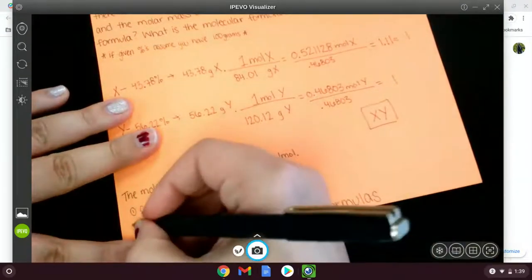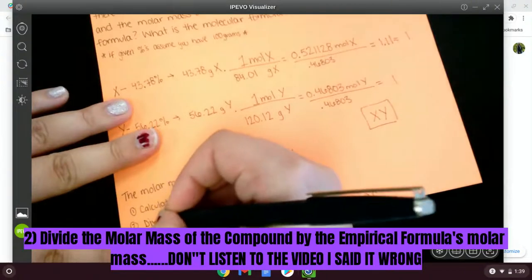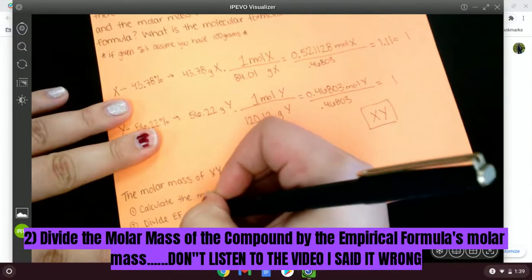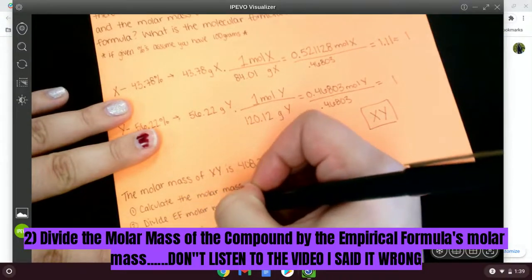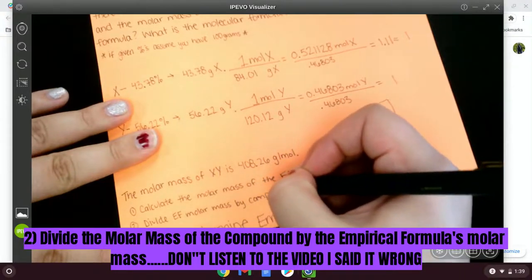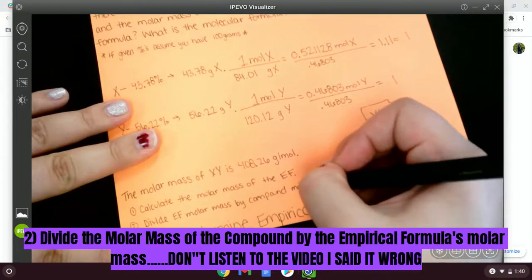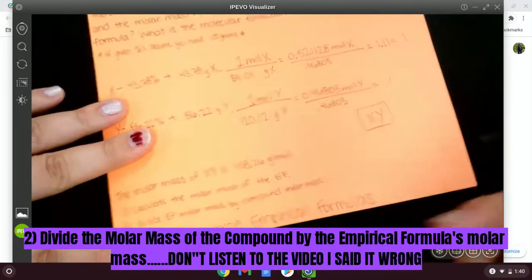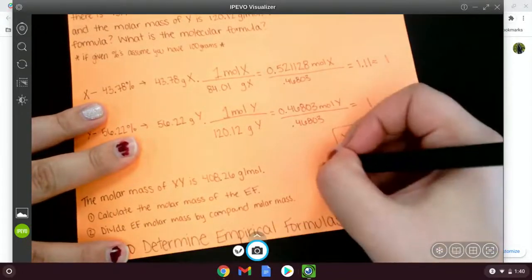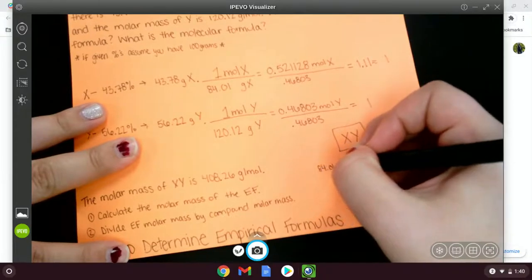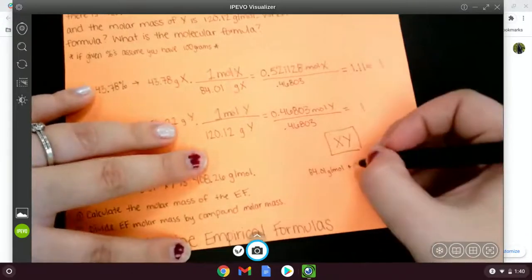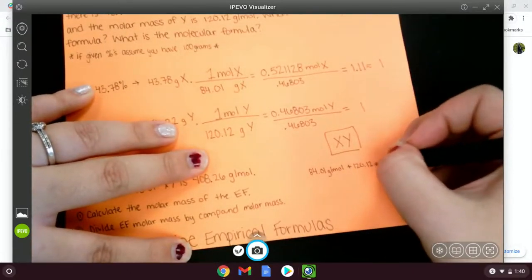And then the second step is to divide the empirical formula molar mass by compound molar mass. Okay, so let's do this in this space right here. So X has an atomic mass of 84.01 grams per mole, and Y has an atomic mass of 120.12 grams per mole.